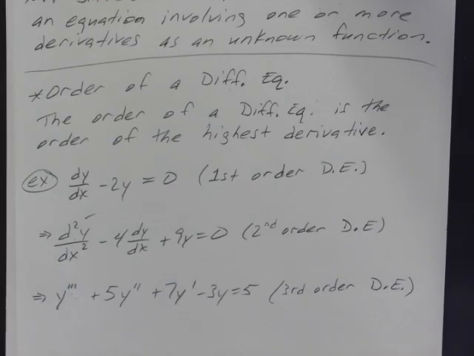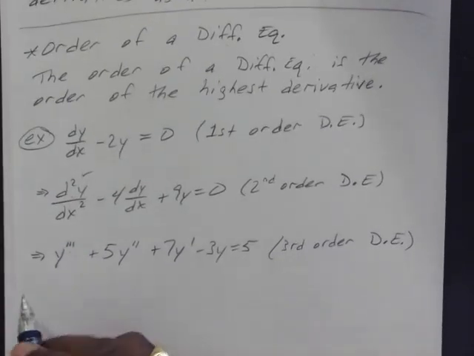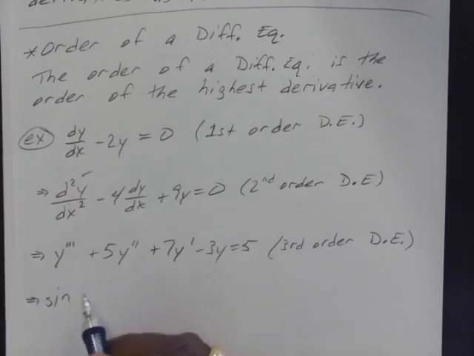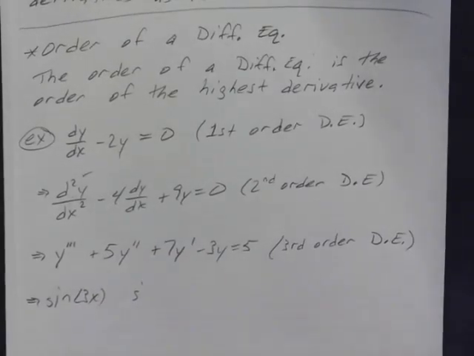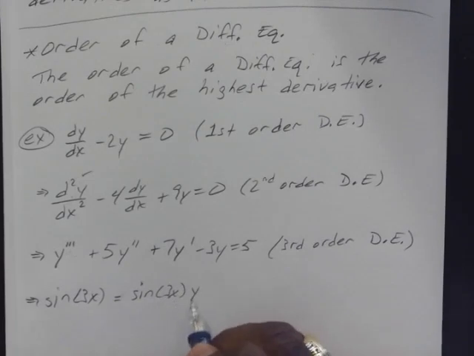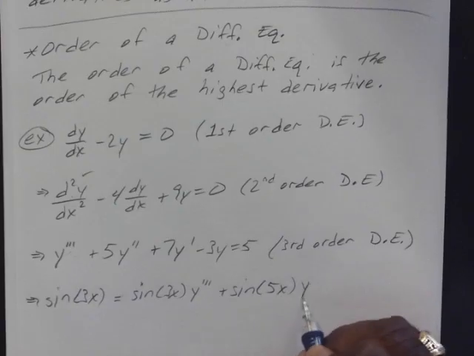Okay. Also, you might see some where you have, let's say, sine of 3x times the third derivative of y plus sine of 5x times the fourth derivative.